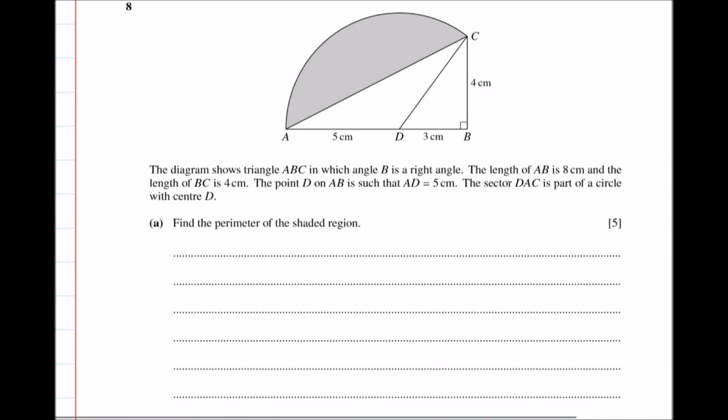So for finding the perimeter, we need length AC, I mean to say this, and we need this arc length. So calculate the arc length. We need angle theta D here, angle ADC required. Okay. Now to find that angle, let us see what we can do. Suppose this is theta.